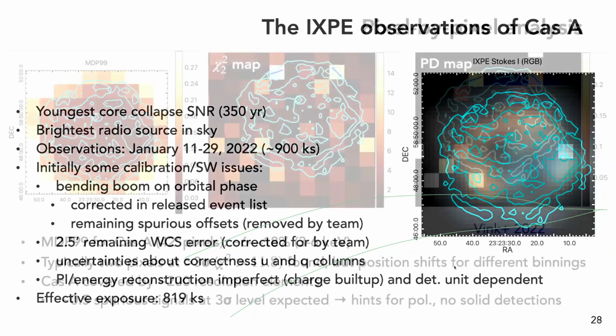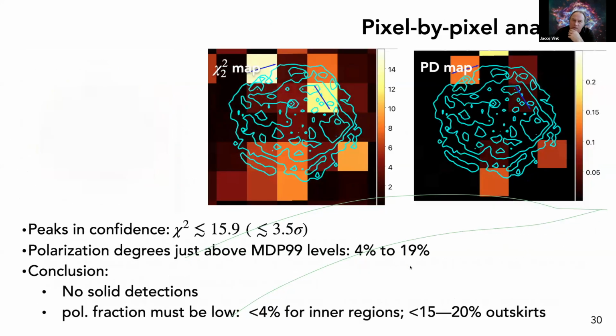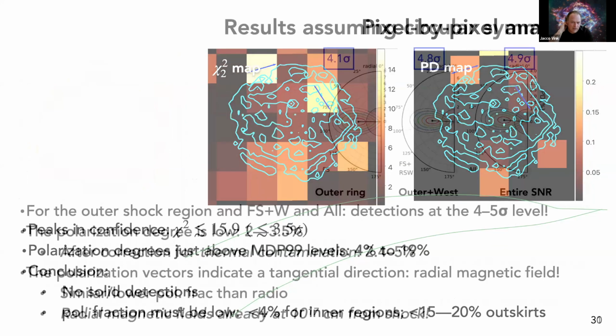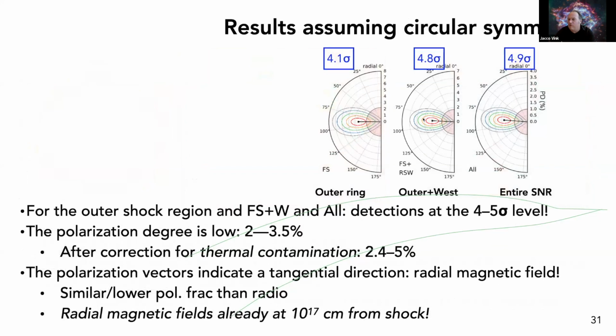I forgot. But for Cas A we took the rim, we took the hole, the outer ring plus this western part, that's this one, and the entire supernova remnant. The outer ring is of course a forward shock, which we detect at a 4 sigma level.